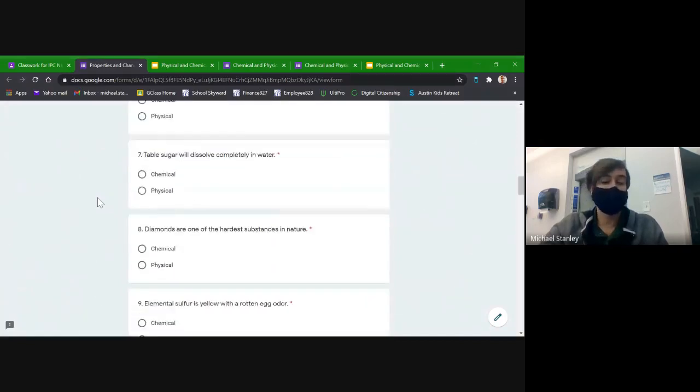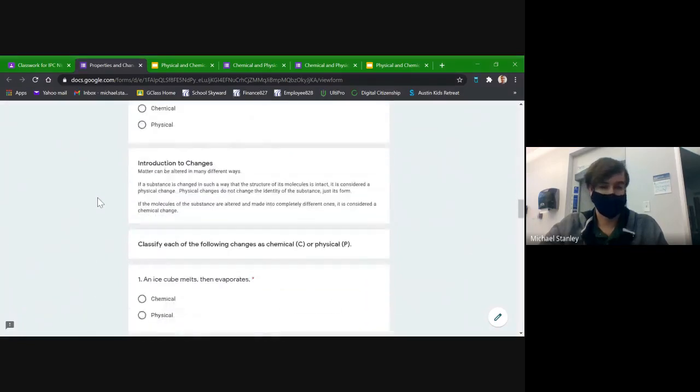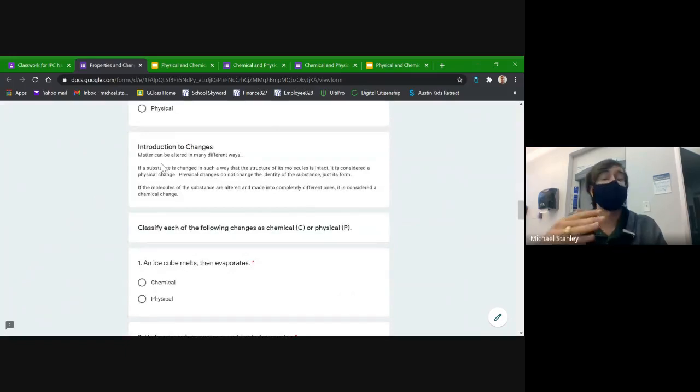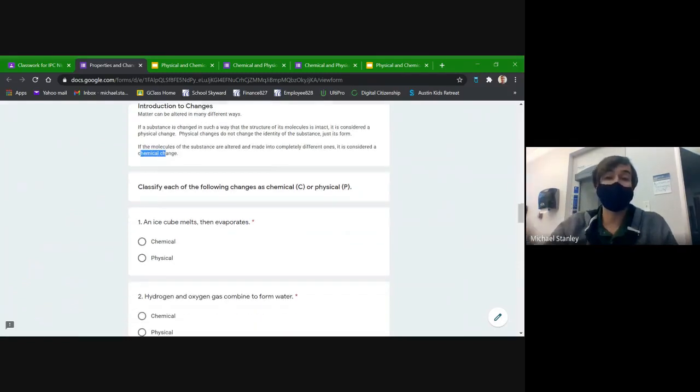And then the next set of questions has to do, instead of properties, now we're looking at changes. So whether or not it is a physical change or a chemical change. Just like before, same exact setup, only now instead of classifying properties, you're classifying changes.